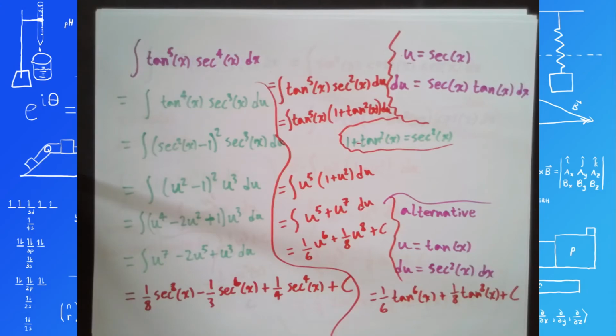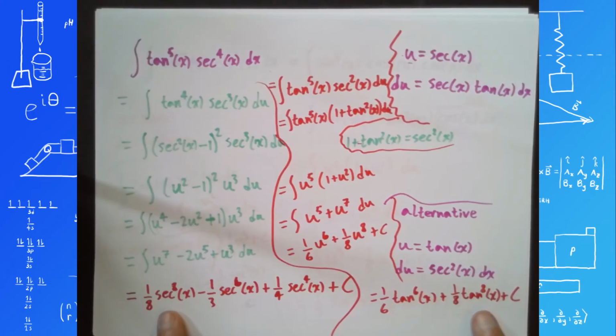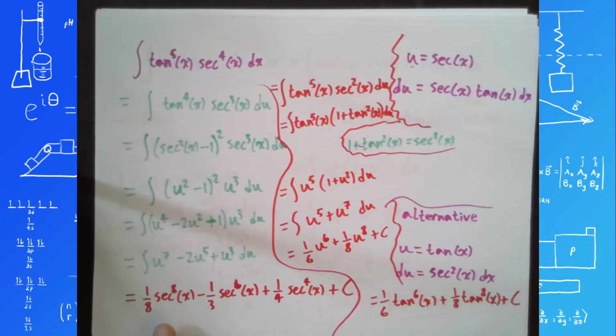How would I go about doing that? So I can see where my 1/8 secant to the eighth is going to come from if I just replace 1/8 tangent to the eighth. I mean, I would probably end up using this trig identity a whole bunch of times.